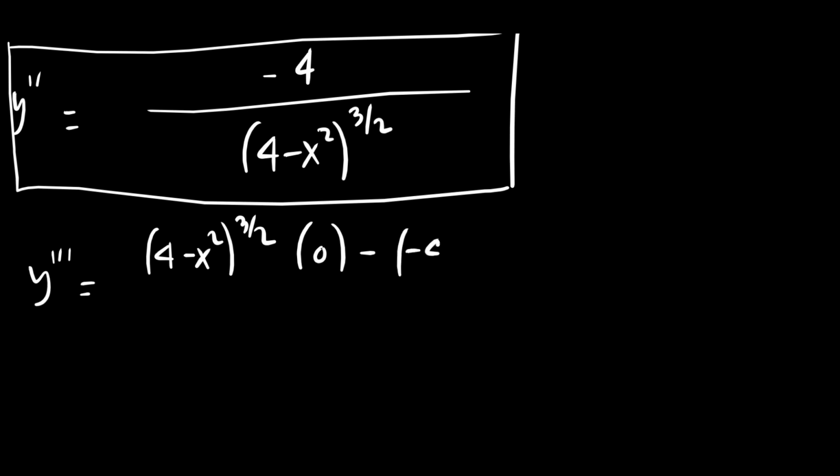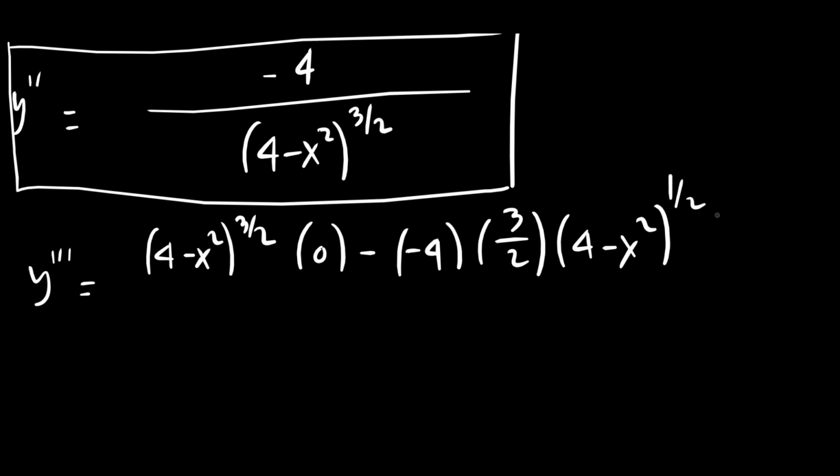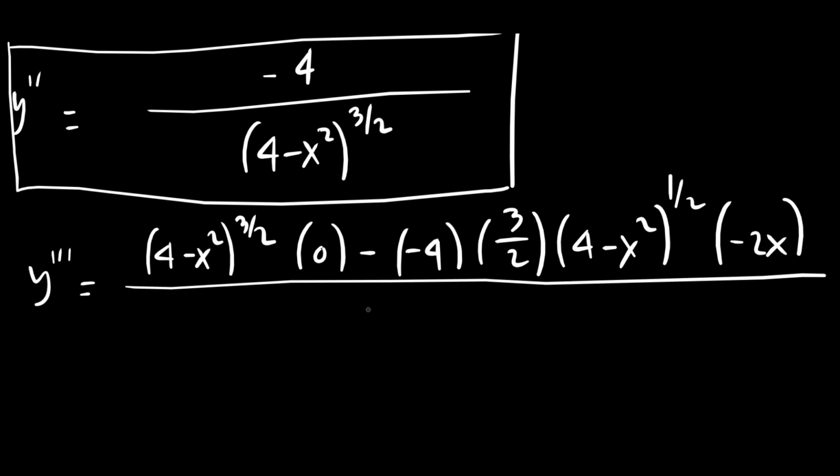So copy negative 4, the derivative of the denominator is just 3 halves multiplied by 4 minus x squared, so 3 halves minus 1 is just equal to 1 half, multiplied by negative 2x, the derivative inside. So all over 4 minus x squared raised to 3 halves multiplied by 2 is just equal to 3.